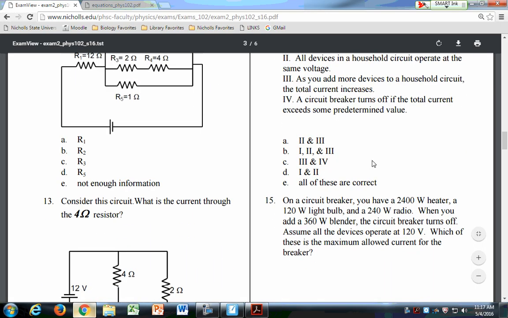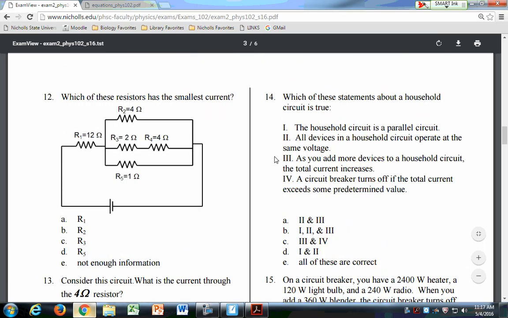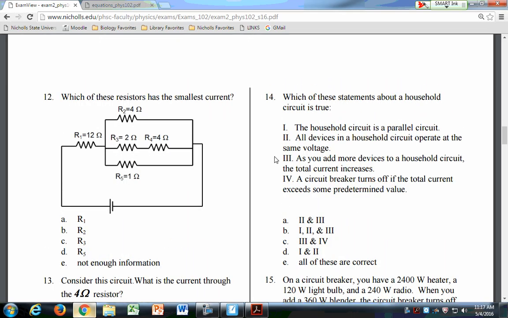Household stuff, we have a couple questions here about households. I could take number 14 and just put completely different statements about the household. I mean, we covered several of the things here, but I could have different statements about that.